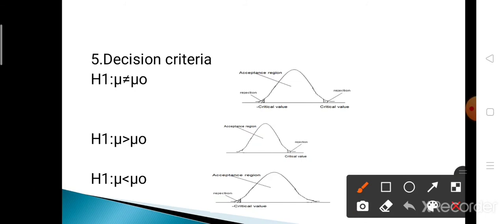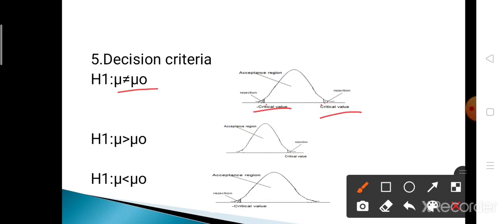Okay. So the first is the two-sided test. For the two-sided test, there are two rejection regions, one to the right side and one to the left side, and the middle part is the acceptance region. And this one is the positive table value, that is the positive critical value, and this point is nothing but the negative table value.